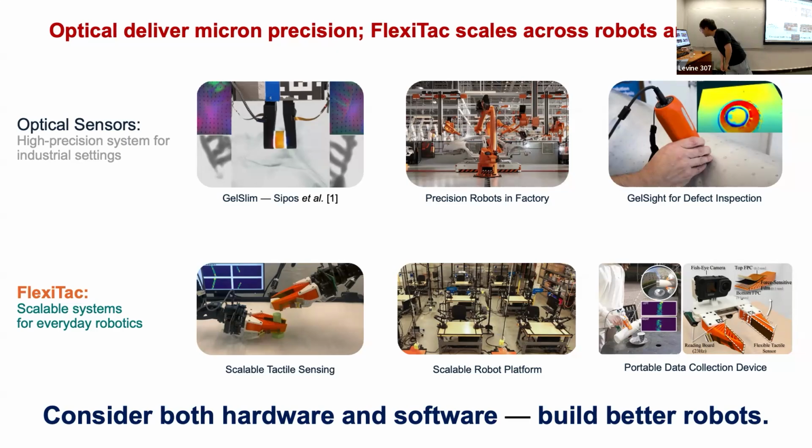There's a question in the channel: if you need to replace the sensor, do you recalibrate? Let me check. The question is, if we want to replace the sensor, do we need to recalibrate? The answer is no. We did an experiment asked for by a reviewer. They asked if we collect data with one sensor and then change the sensor, do we need to recollect the data?